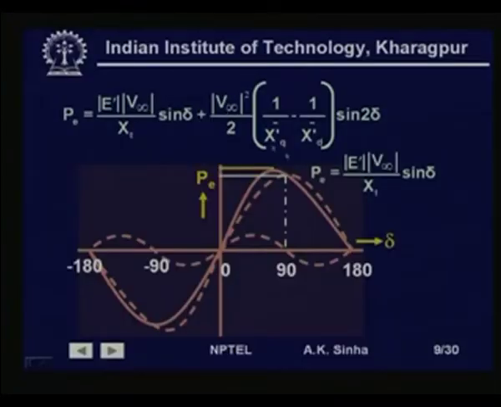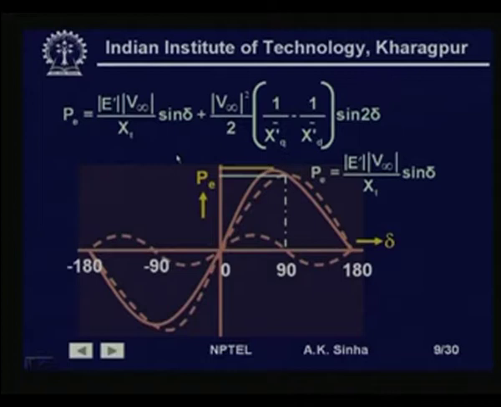Another thing that we see normally is that the maximum power point for a salient pole machine is reached below 90 degrees, whereas for a cylindrical rotor machine this maximum power is reached at 90 degrees, that is when sin delta becomes equal to 1.